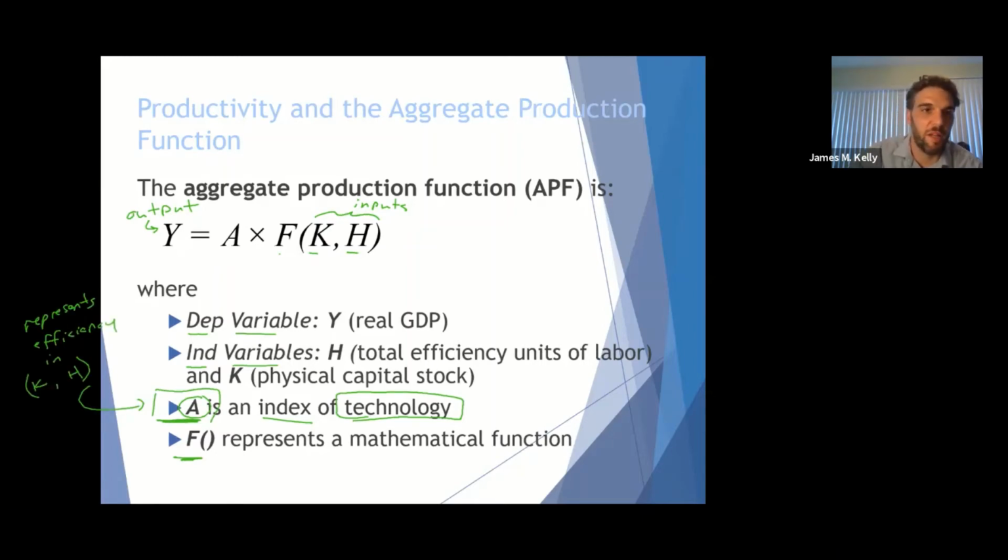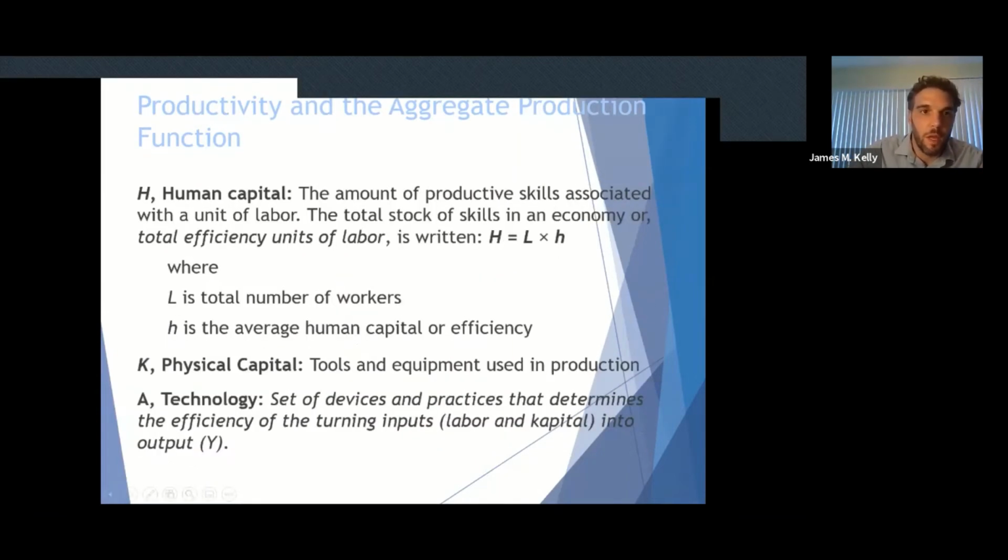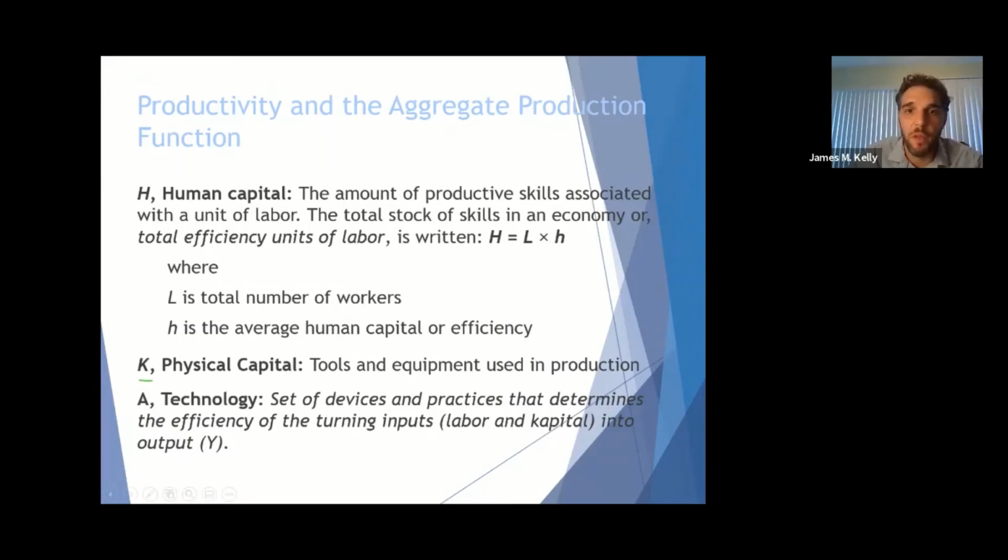Okay. All right. Let me expand upon this a little bit more here. Again, human capital, physical capital, we're already pretty comfortable with. We've already talked about what physical capital is. We talked about human capital a little bit. Let's expand upon it. So human capital, again, is the amount of labor available in the economy, but it also measures how productive that labor is.